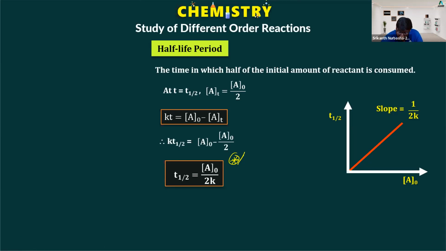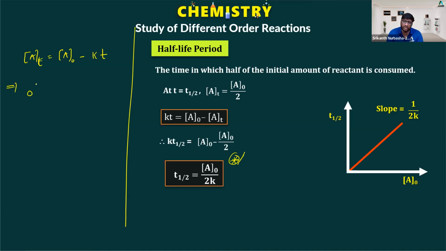That straight line is passing through the origin. And what is T 100%? Concentration of A at time T is equal to concentration of A at time T equal to 0 minus K into T. At 100%, what is the concentration of reactant left? That is 0. So 0 is equal to initial concentration minus K into T 100%.